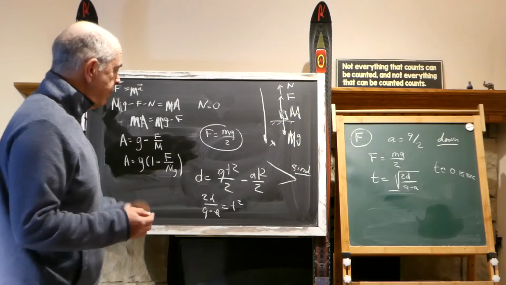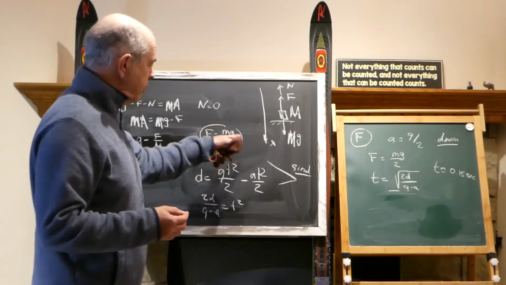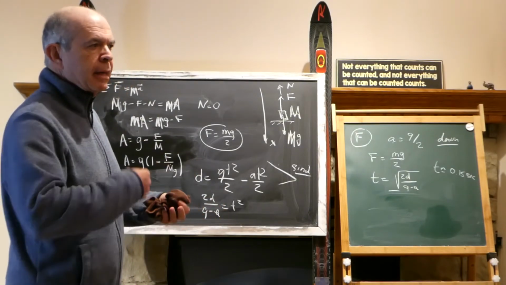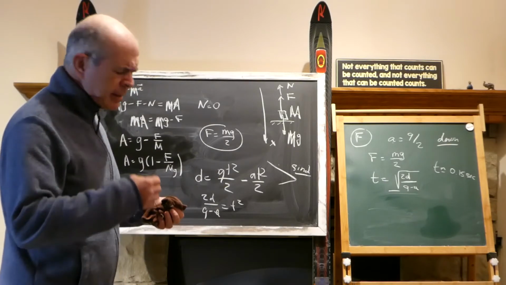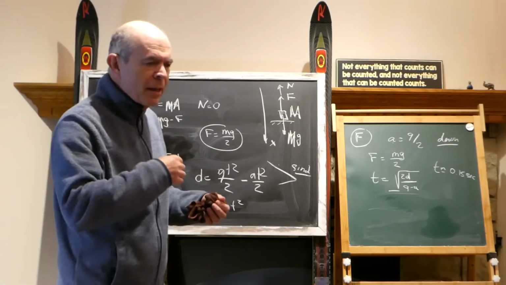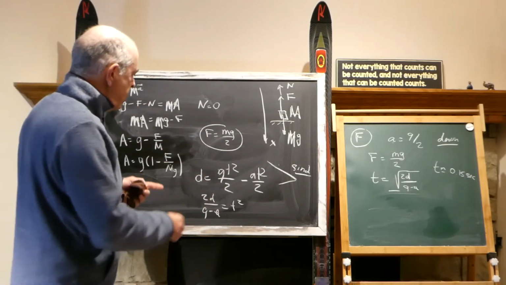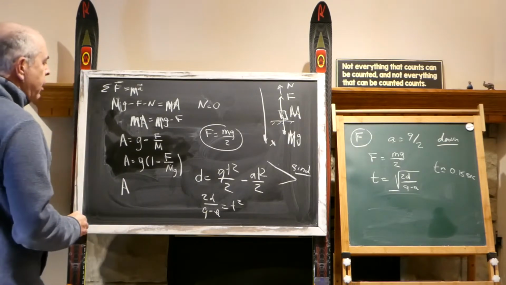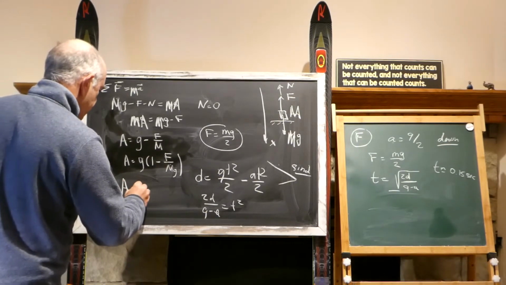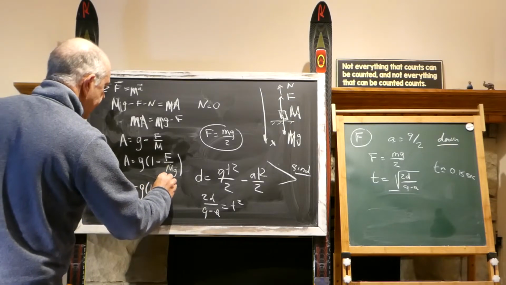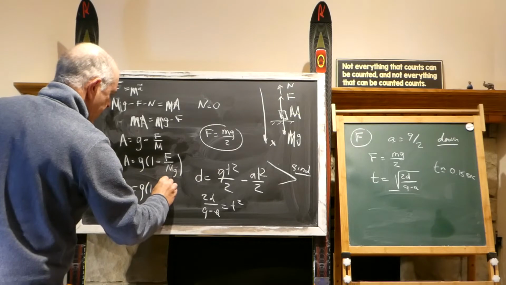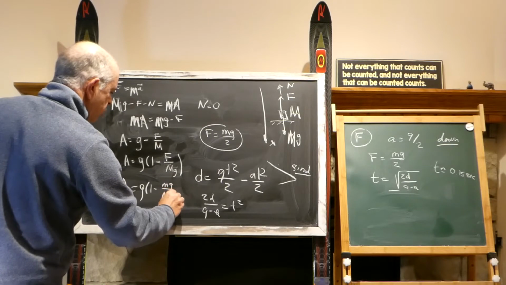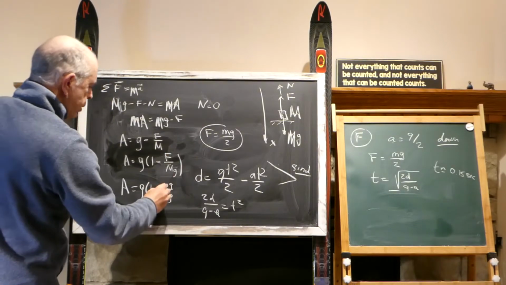So what would be the acceleration of my body if I am using the same force of my muscles, only my muscles now, not flexors, but extenders, as they call them, I forgot the word. Flexors versus extenders. So those extenders work with the same force, so I will get A equals g times 1 minus, and instead of this I put this, and it would be mg divided by mg, and there would be 2 in the bottom.